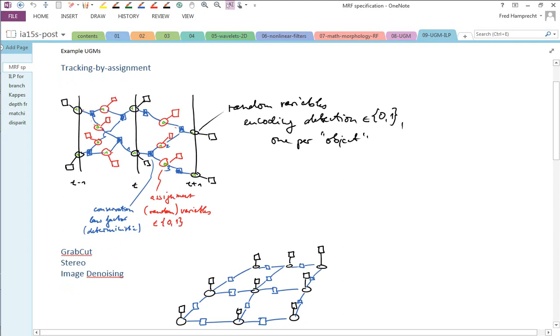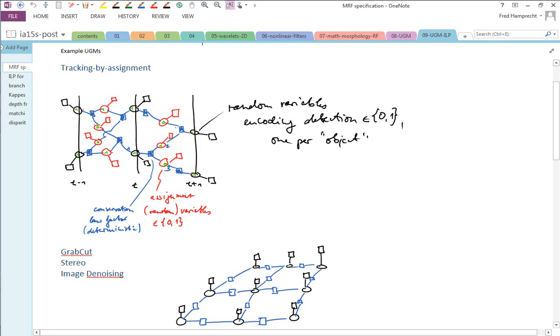In black, we had assignment random variables shown in red, and then a lot of factors, some unary factors shown in black and red, these squares, which tell us if we believe that there is actually a detection in the data, or that there is actually an assignment, and the deterministic conservation laws that were saying that we should not lose any cells in the process, or we don't want spontaneous appearance of cells.